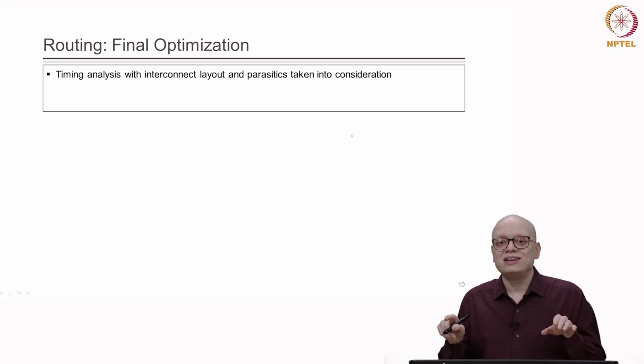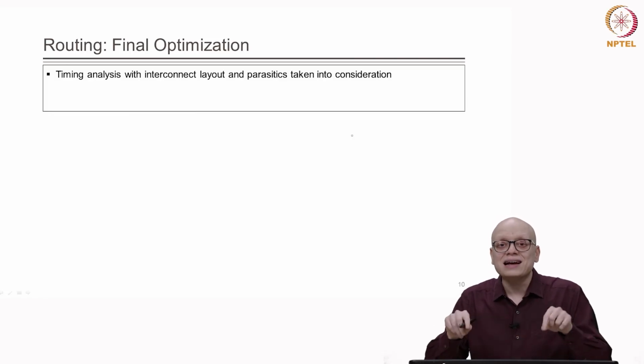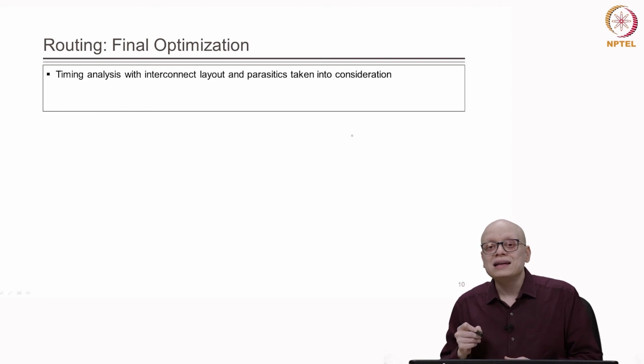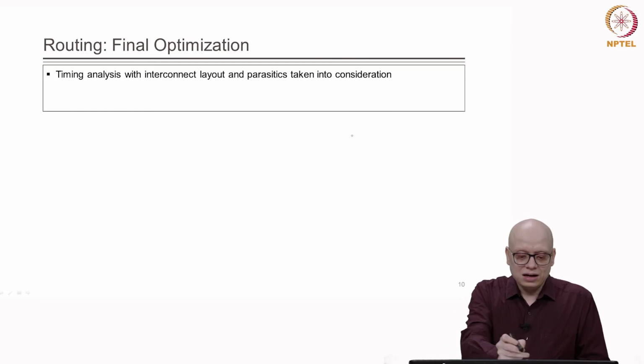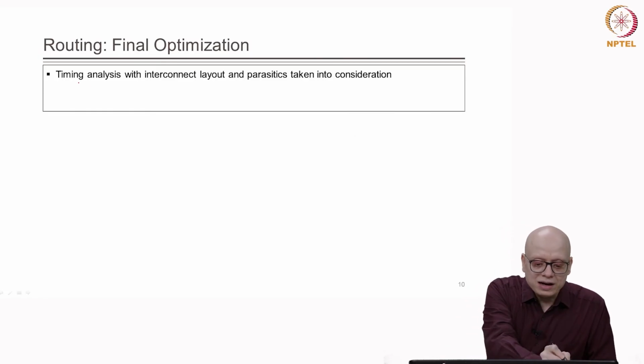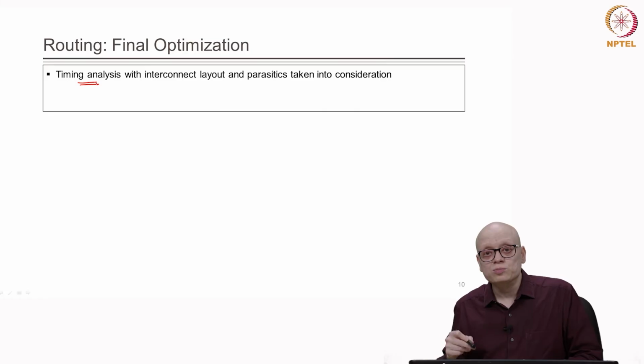But after we have done the routing, we have the exact layout of the wires, and we can extract the parasitics and do the timing analysis, which will be much more accurate than what we did during synthesis or in the earlier stages of the design flow.